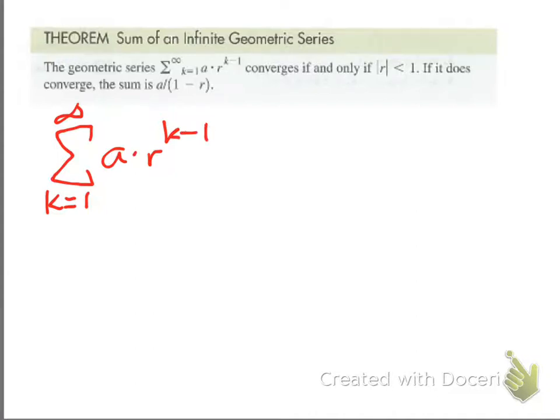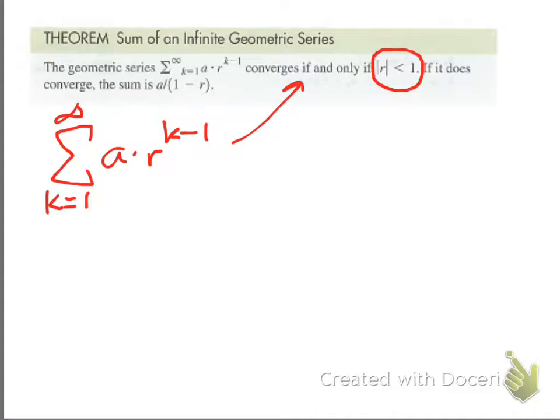Okay? So if there's an infinite number of terms, here's the geometric sequence. It converges if and only if the absolute value of the common ratio is less than 1.